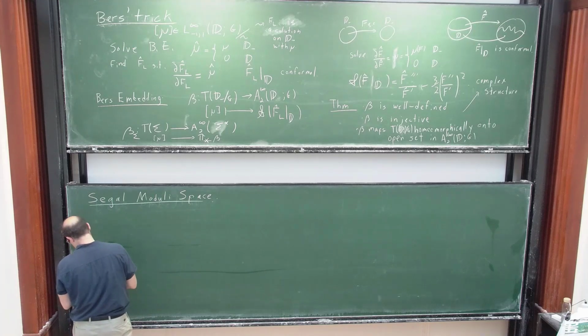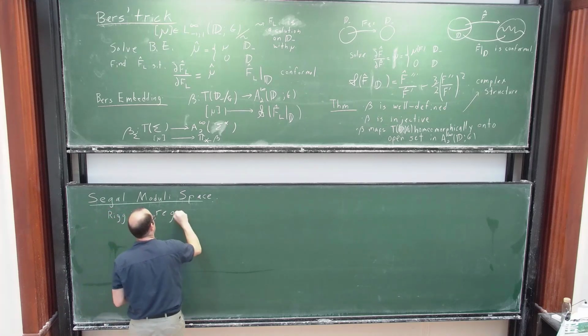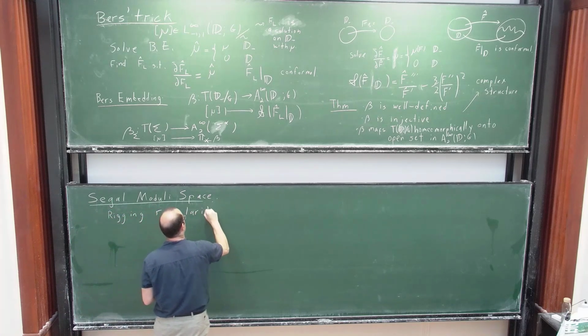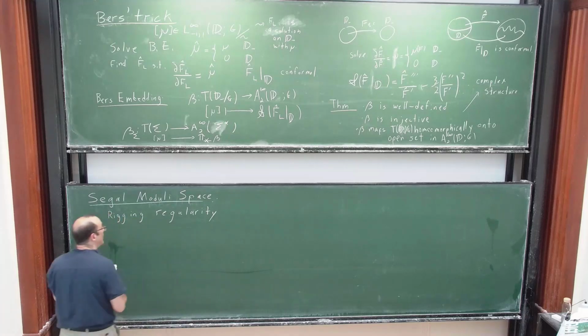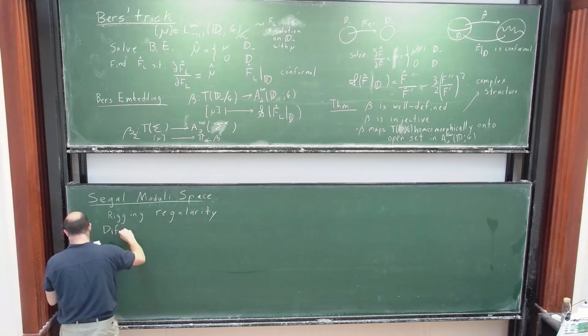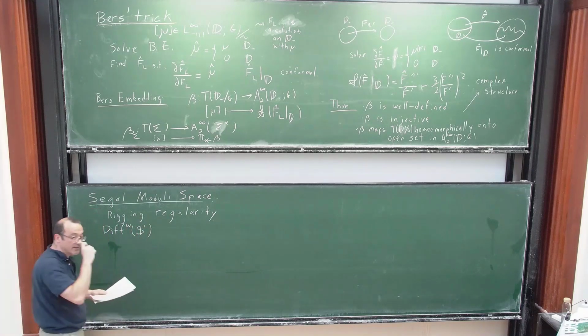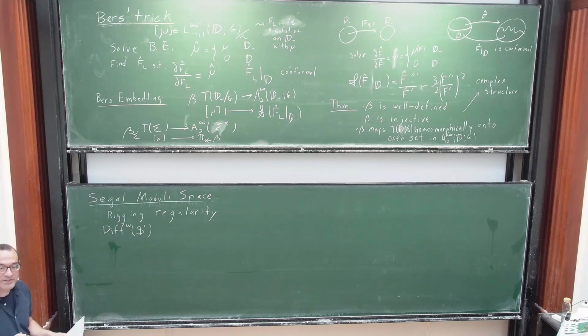So let me start with the rigging regularity. I don't know if I like the term rigging, but I've seen it in some places, and I got it from David. So we're now back in the Segal moduli space picture. Before I state it, I just want to talk about the possible regularity choices.